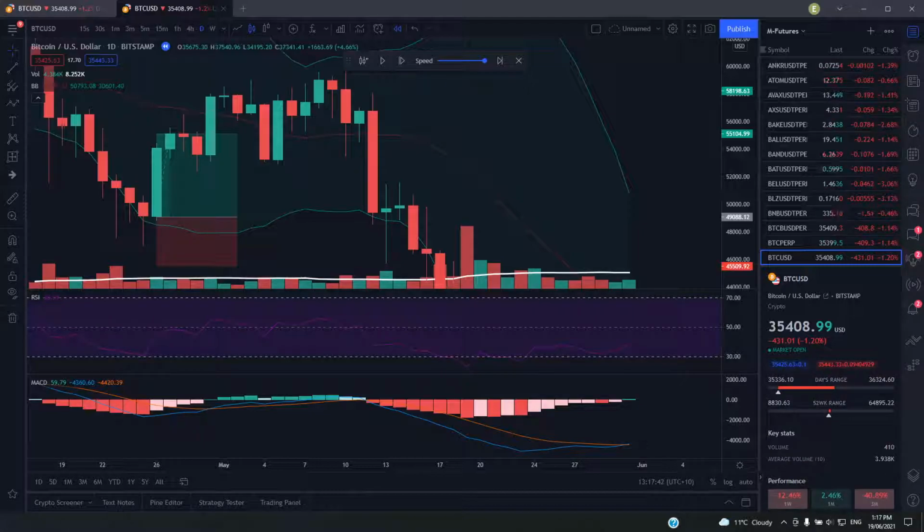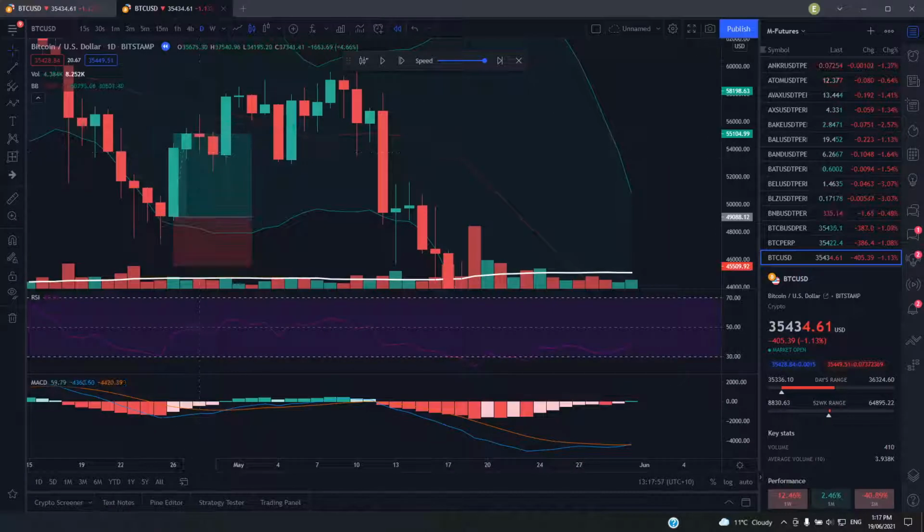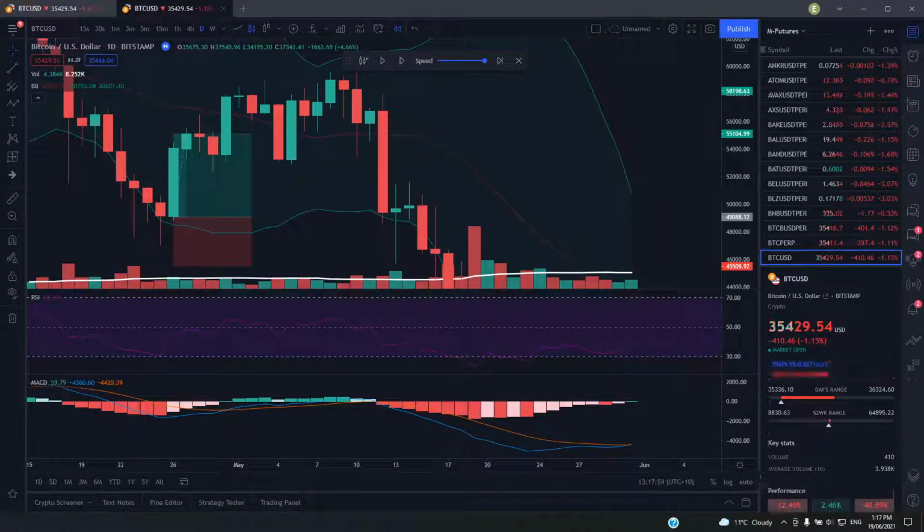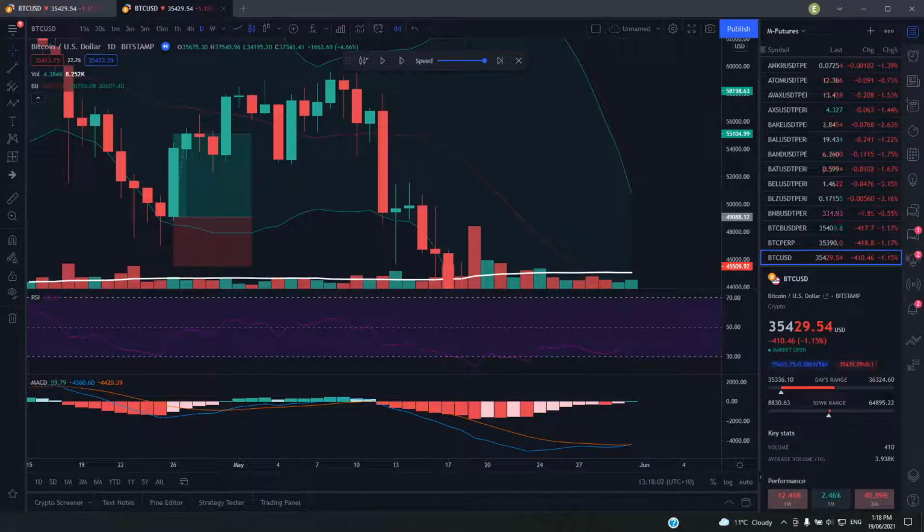All right, we can copy some of the rules from before. We want to see price break the red midline of the Bollinger Bands. Two, we want to see the price riding the Bollinger Bands.